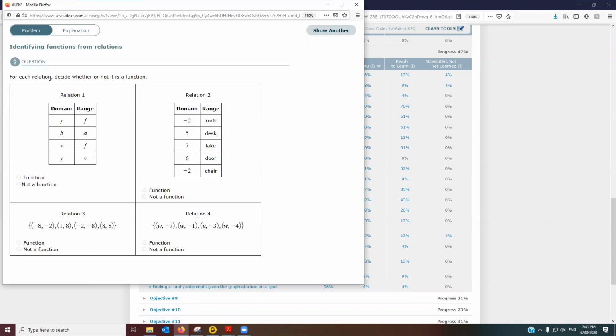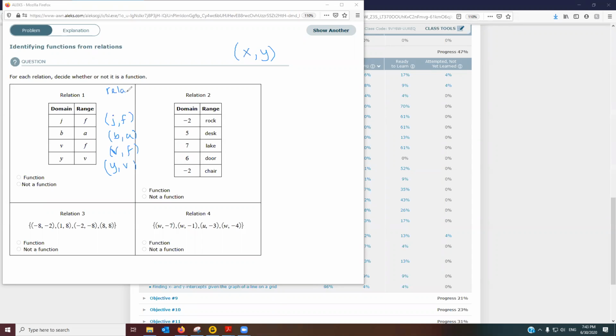So it says for each one of these relations, decide whether or not it's a function. A relation really just means a pair, like you think of it as an XY pair. So in this first one, I could write this if I wanted to as J comma F, B comma A, V comma F, Y comma V. We call this a relation.